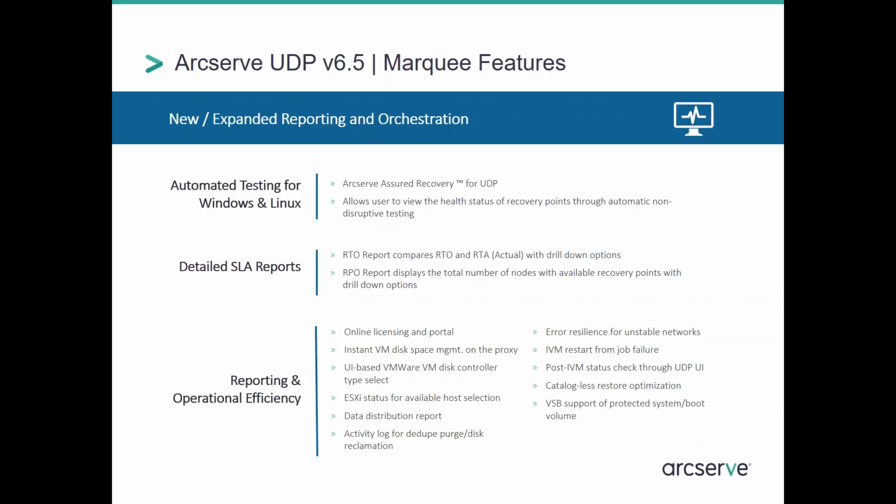Combining all of this is what we call detailed SLA reporting. So you can create SLA profiles and assign groups to those profiles and put in what's an acceptable recovery point and recovery time objective for doing a bare metal restore, or a virtual standby, or a file system recovery, or an instant VM restore, or a DR test. So there's lots of different categories that you can measure the service on.